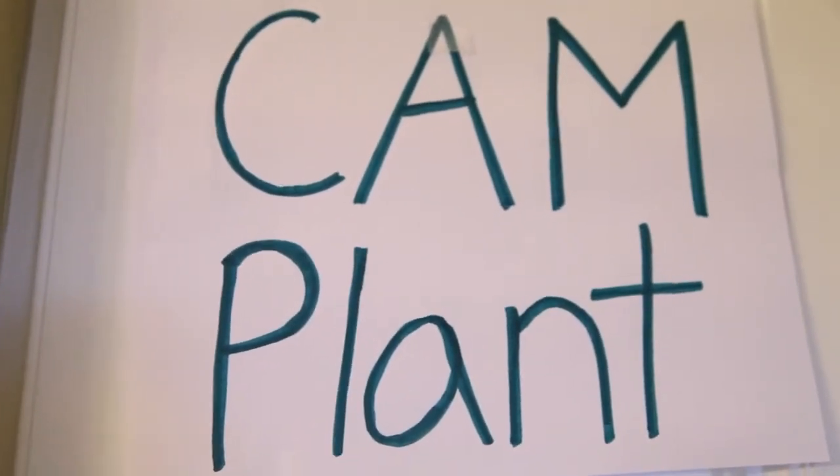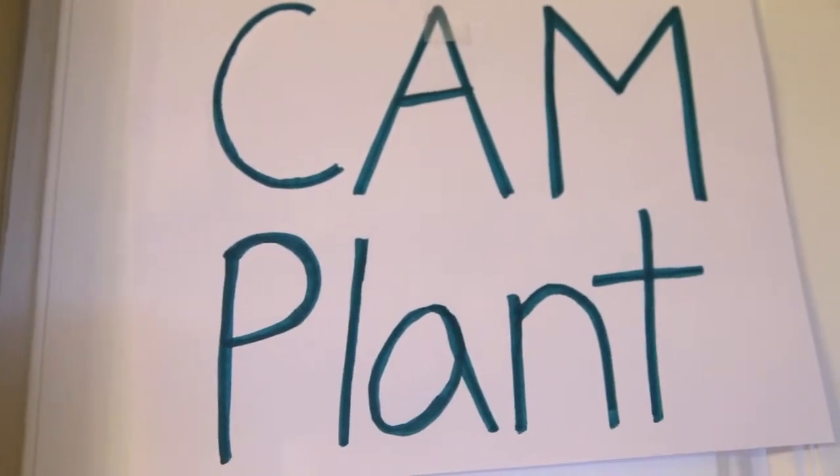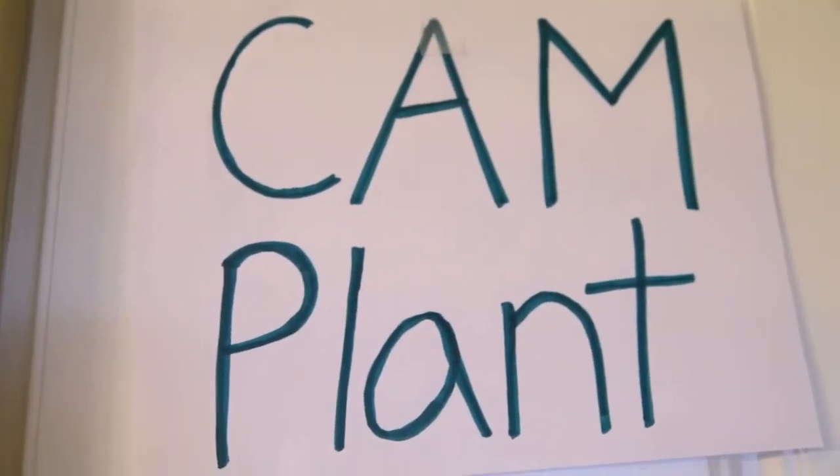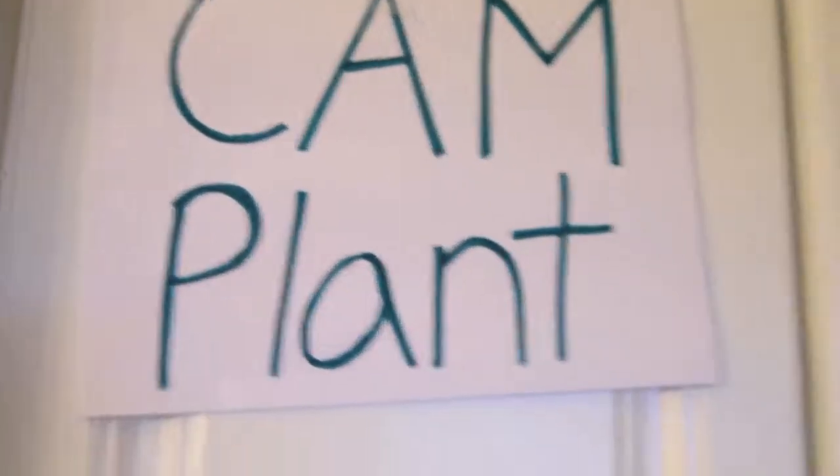In CAM plants, CO2 needs to fix itself to an organic acid at night. So CO2 is fixed by PEP in a reaction catalyzed by PEPcase to form the organic acid OAA.